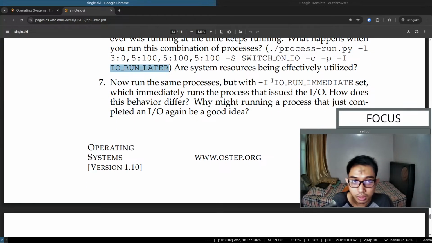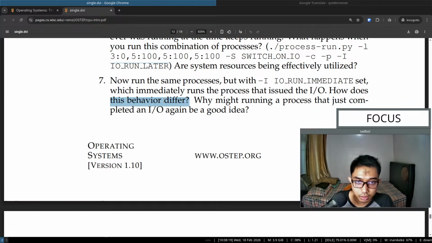Now run the same process but with input-output run immediate set, which immediately runs the process that issued the input-output. How does this behavior differ? Okay, I think I already explained that.